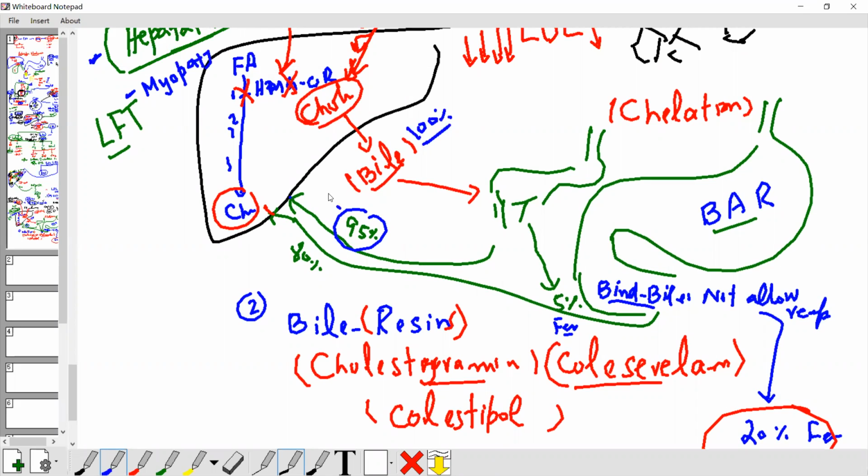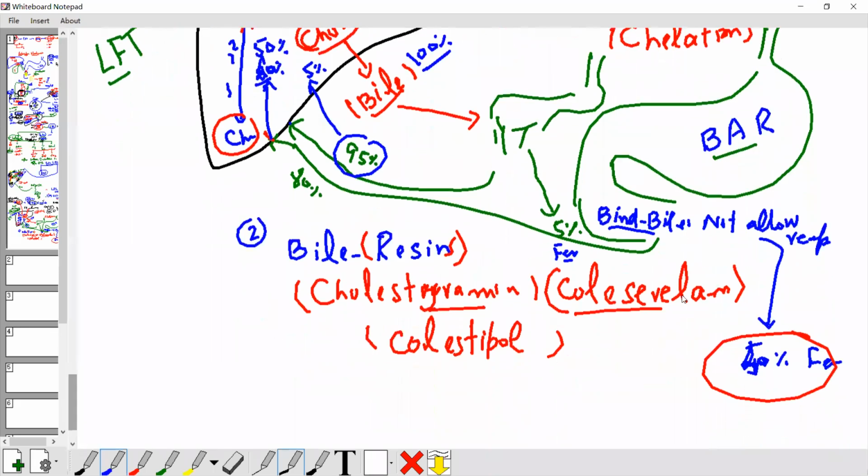If 90% comes back, how much do you produce new? Just 5%. If 80% comes back, how much new? 20%. If 40% goes in feces, how much new? 60%. If 50% goes in feces, how much new? 50%. Understand or not? Clear?